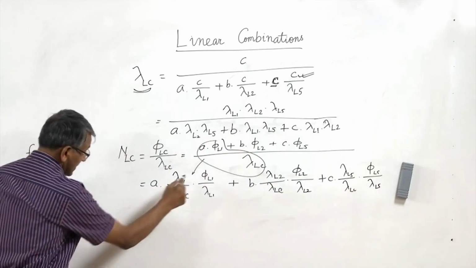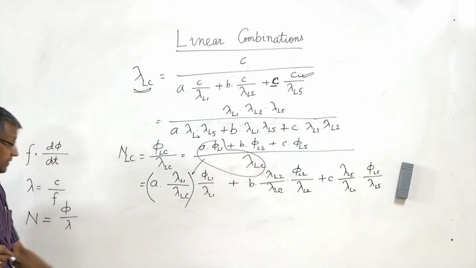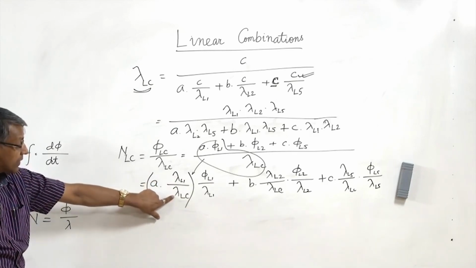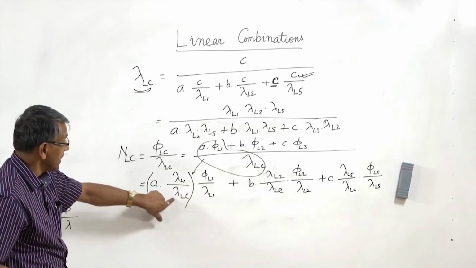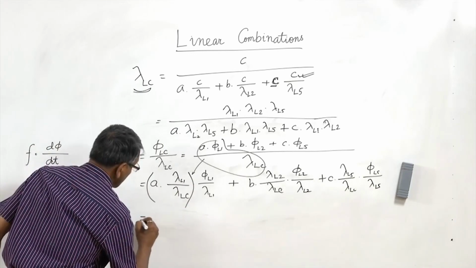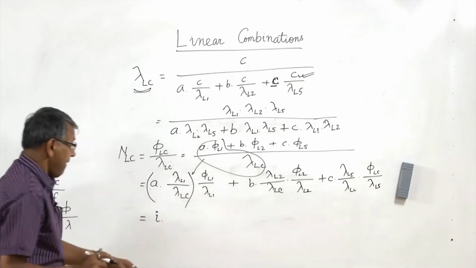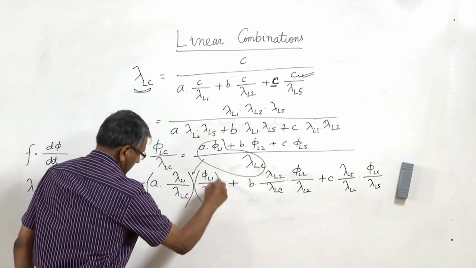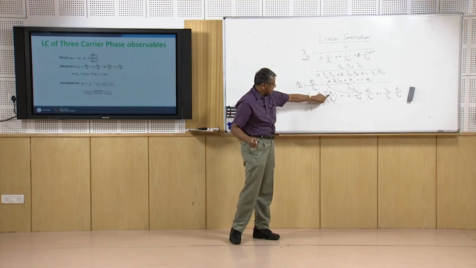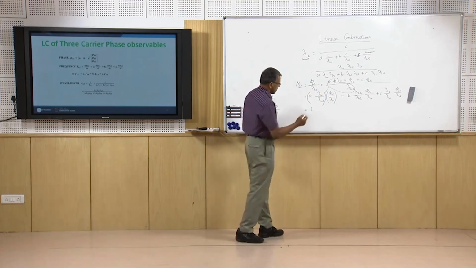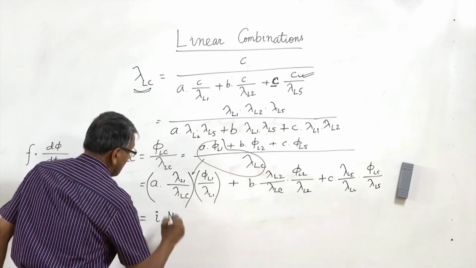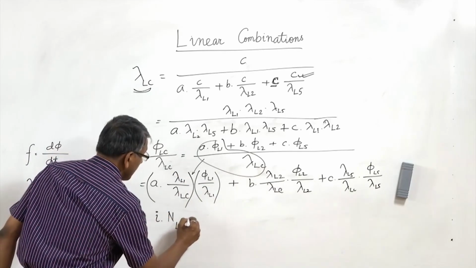Now you can see this is a constant because this is the wavelength of the L1 signal, this is the wavelength of the linearly combined signal, and A is also constant. So altogether this is a constant, say it is I, and this factor is nothing but the integer ambiguity of the L1 signal.